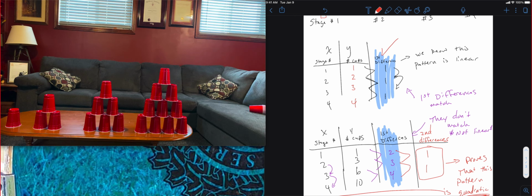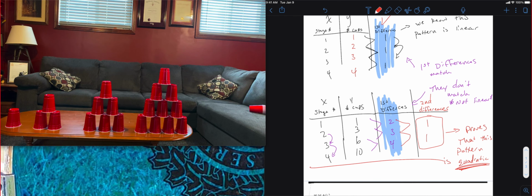Is it linear or not? You're going to do the same thing, but what you're going to find this time is that the first differences are not the same. Or they're not increasing by the same amount every time we change from one stage to the next. So then you know it's not linear anymore. But you can confirm that by doing the second differences. If the second differences match, then you know it's quadratic.